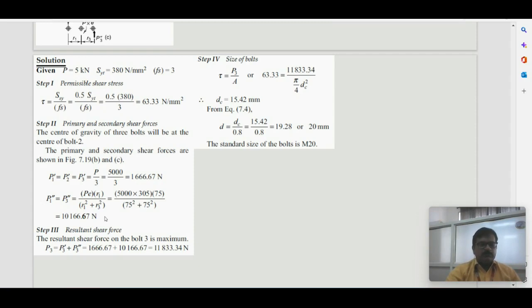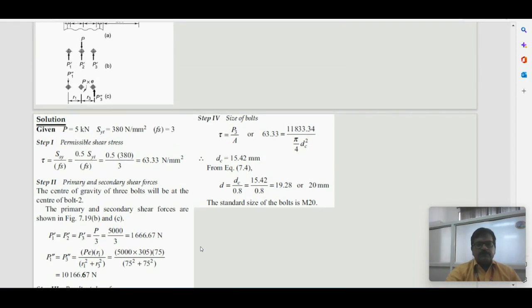From visual inspection, bolt number 3 will be subjected to primary shear in the downward direction, and secondary shear is also in the downward direction. So the resultant shear force on bolt 3 is primary 1666.67 plus secondary 10,166, total 11,833.